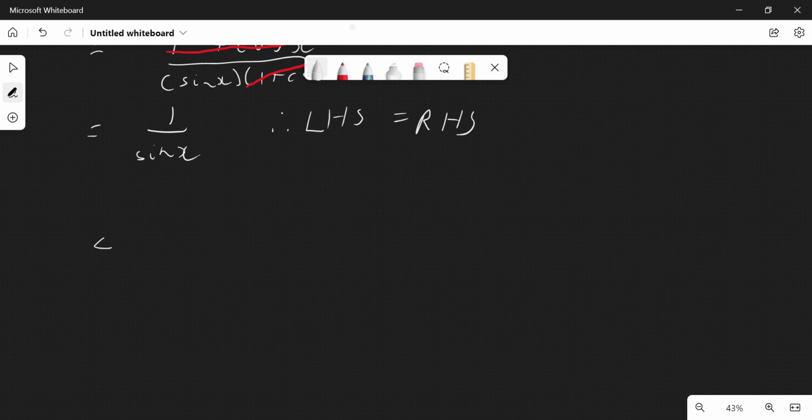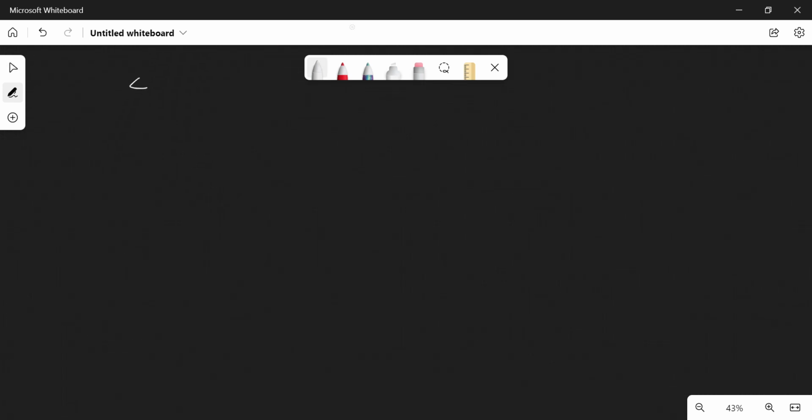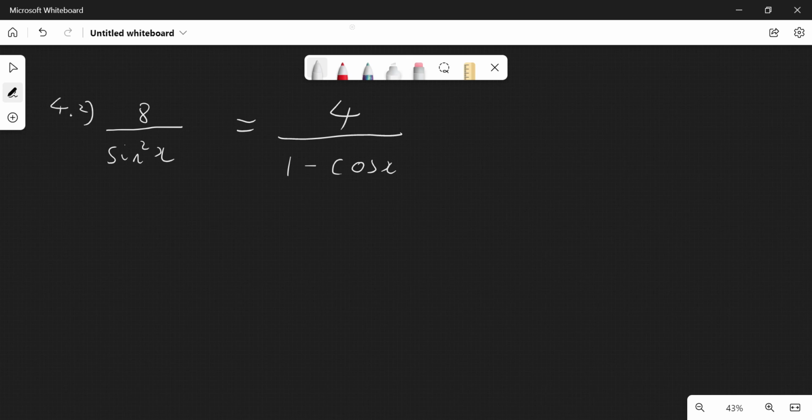Okay, here we have 4.2, which gives us 8 over sine squared x is equal to 4 over 1 minus cos x plus 4 over 1 plus cos x.